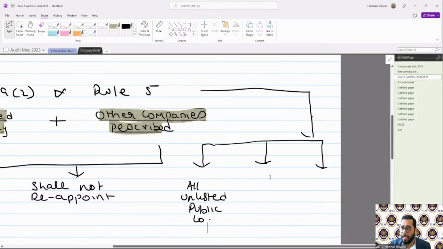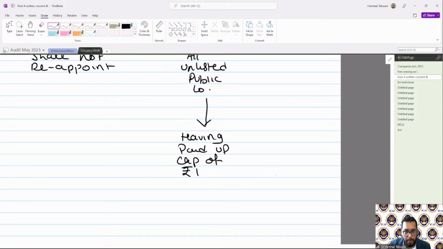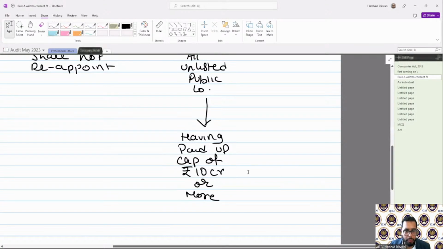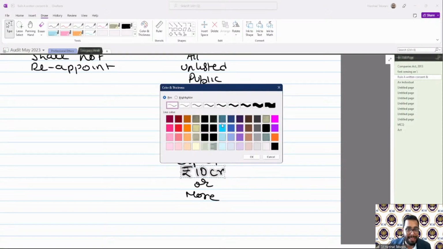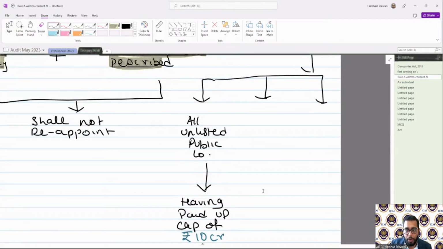But they should have paid up capital of rupees 10 crore or more. So paid up capital of 10 crore or more is a key thing to remember here for all unlisted public companies.